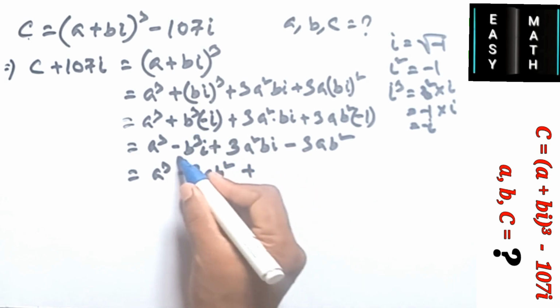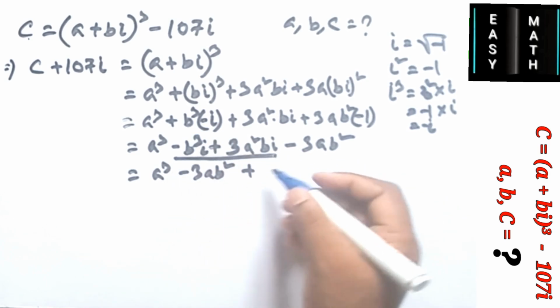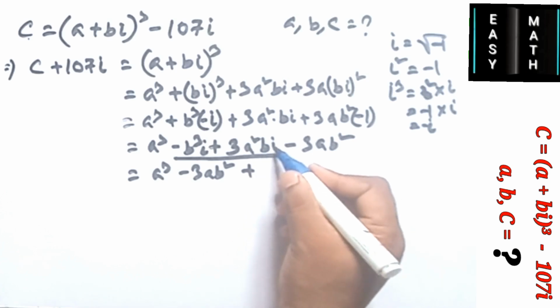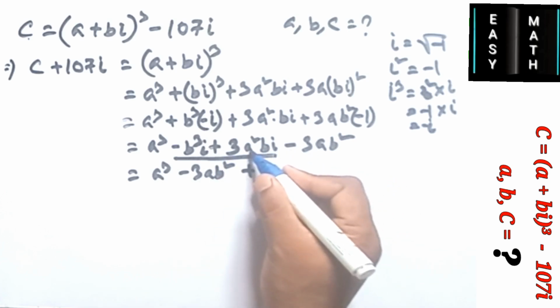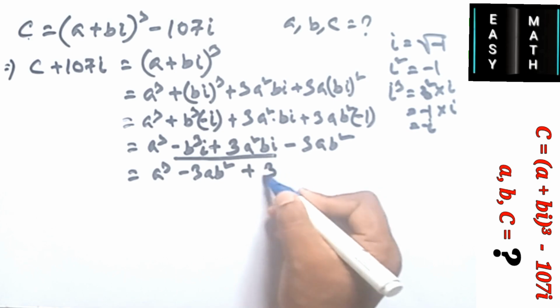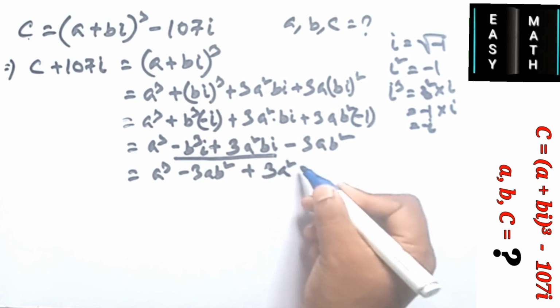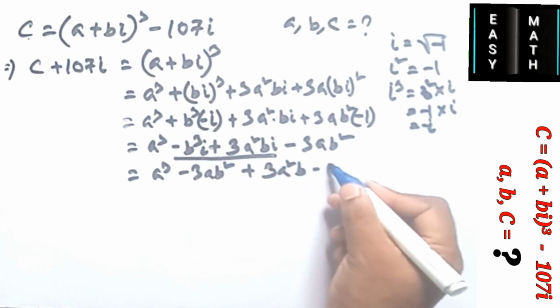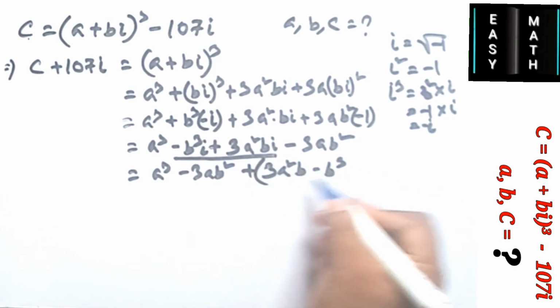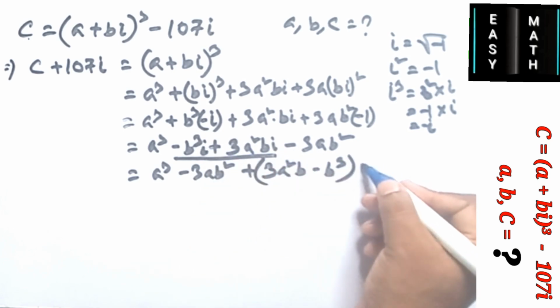So there, this part we can take the i, so first we can write 3a squared b, and this is the minus b cubed, take the i on both sides.